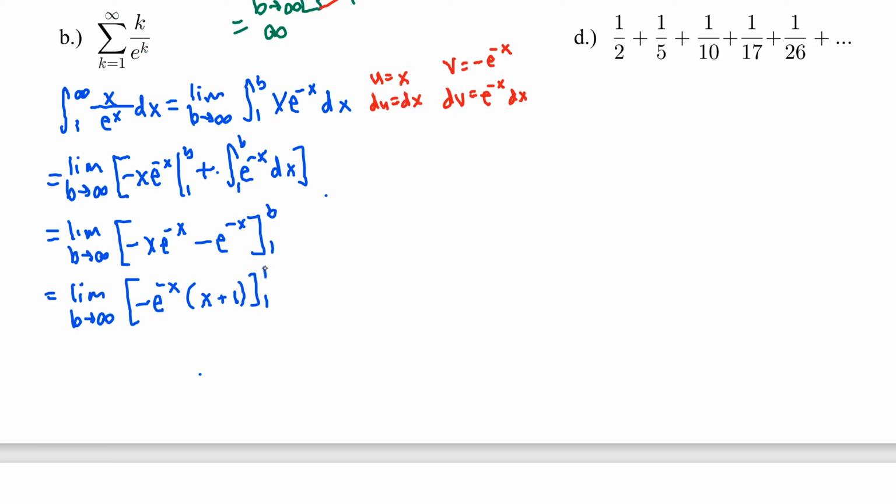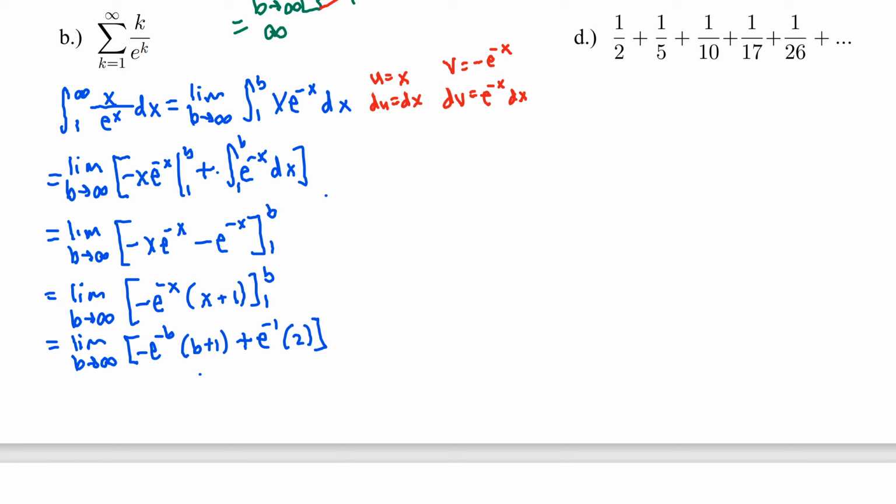So really we just have one term to deal with here. Let's plug in our upper and lower limits. Our upper limit is b, so we have negative e to the negative b times b plus 1, minus lower limit, which is negative, so we can make it positive, e to the negative 1 times 1 plus 1, which is 2.